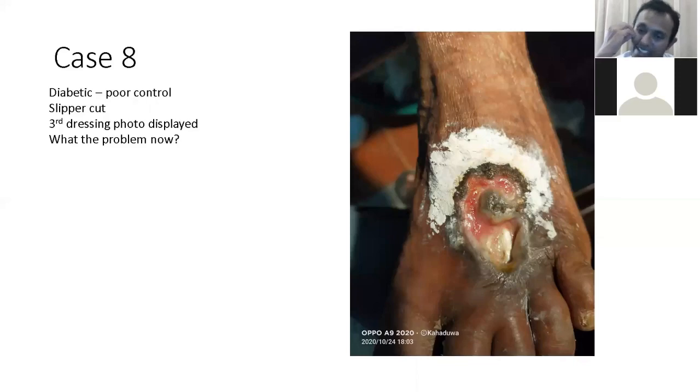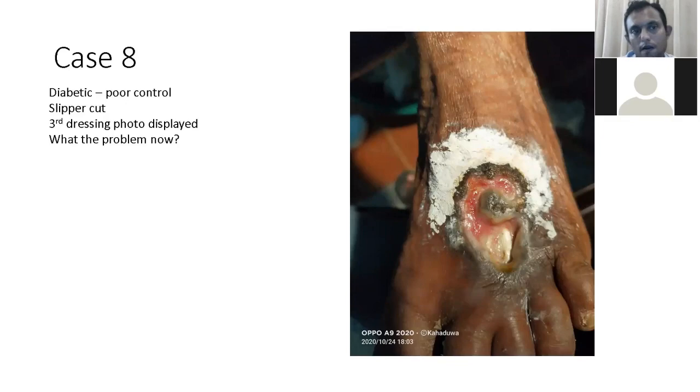It's again the tendon. The extensors to these two toes are exposed, and the rest of the wound is really epithelializing with good granulation tissue. It's going to heal. The lower part is going to give problems.